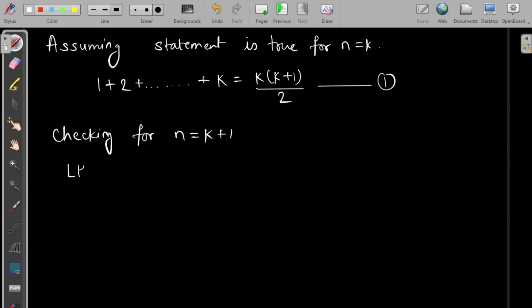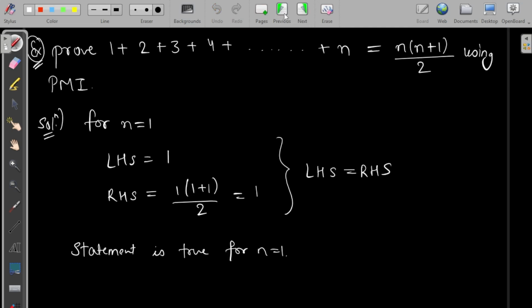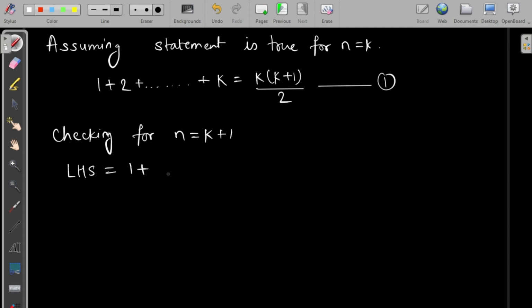So let's see what is the LHS if we put n equals to k plus 1. So LHS would be 1 plus 2 plus 3 and so on up to k plus 1, right? Now we know that the term just before k plus 1 would be k.